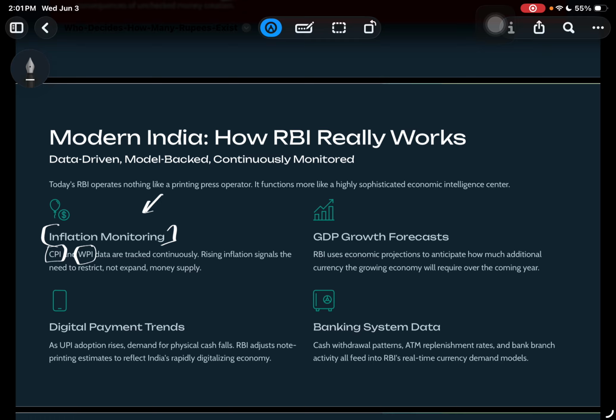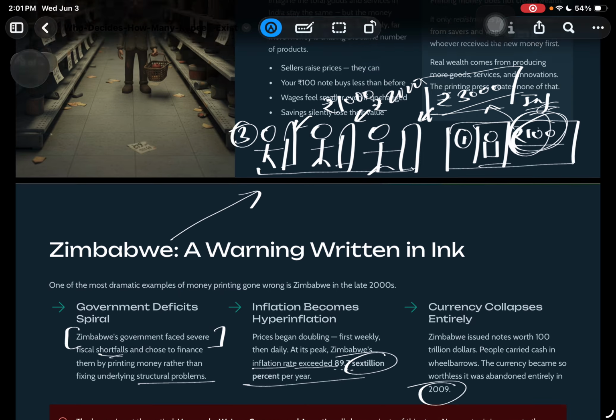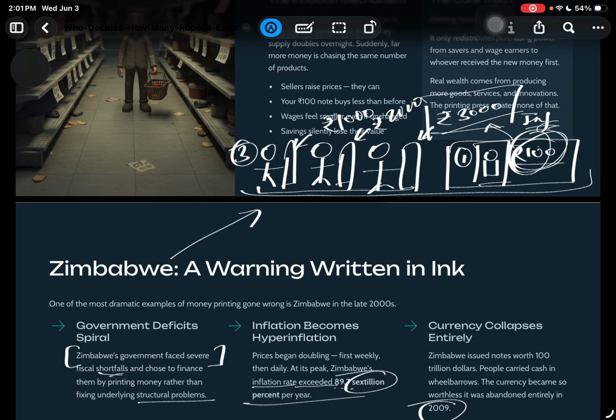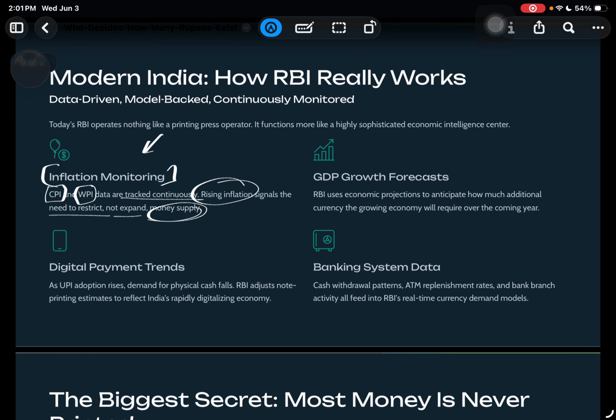If the wholesale price index starts to increase, we can get an idea of how much CPI is going to increase. So they are tracked continuously. Rising inflation signals a need to restrict, not expand, the money supply. If inflation is rising, people have more money. Stop the money supply, people would have less money, and this bargaining of giving extra cash for a commodity that is worth only 100 rupees stops happening, and the prices come back to being 100.